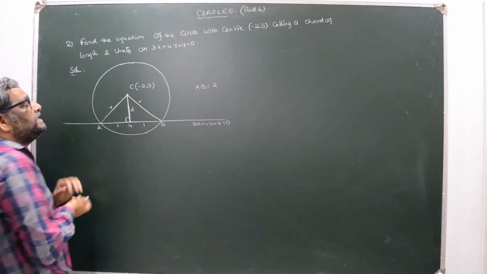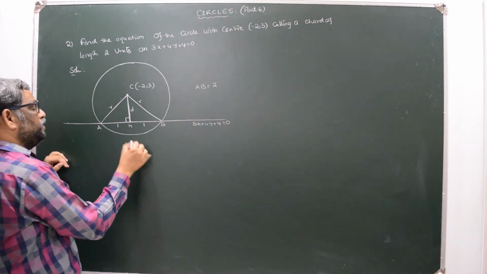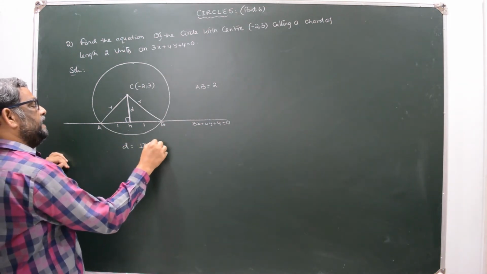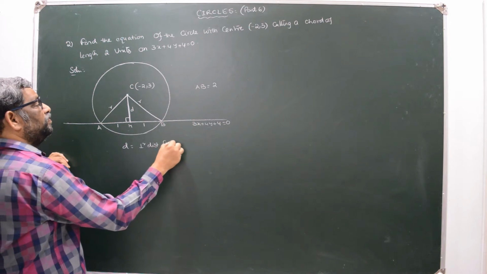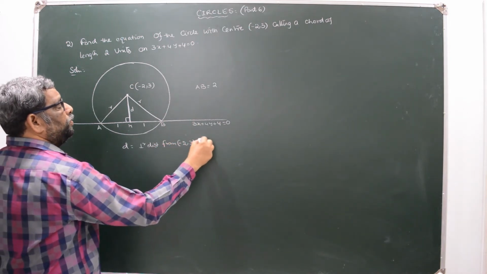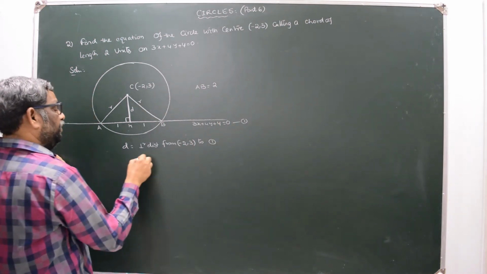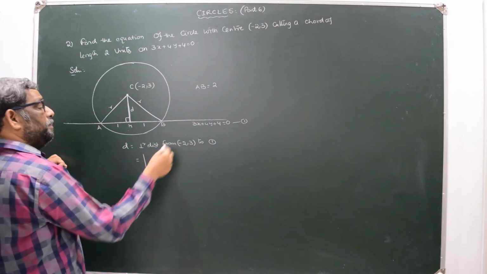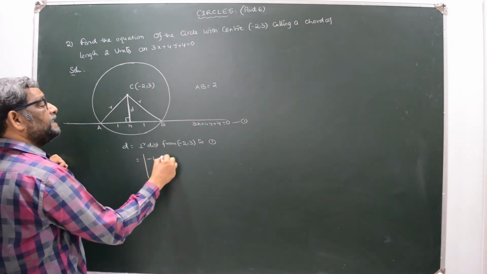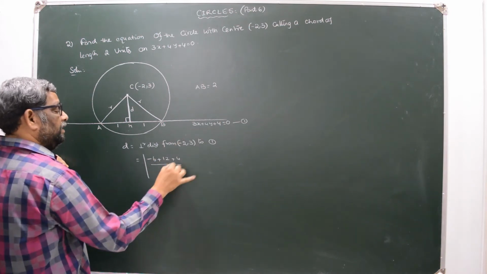If I call this D, what is D? D is equal to the perpendicular distance from minus 2, 3 to the line, I will call this line L. So this is mod of minus 6 plus 12 plus 4 by 5.